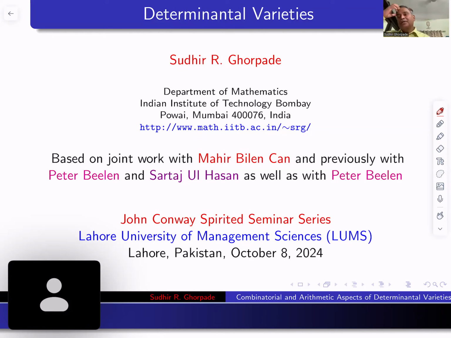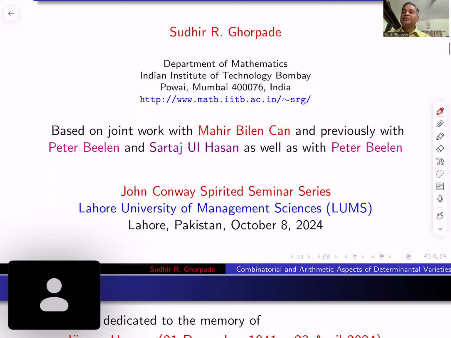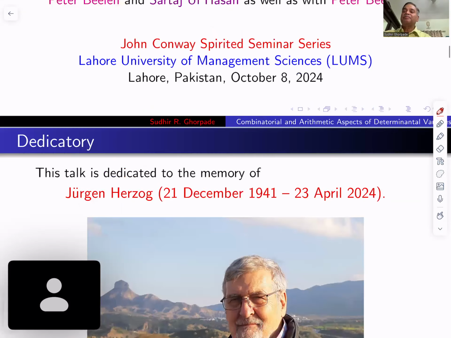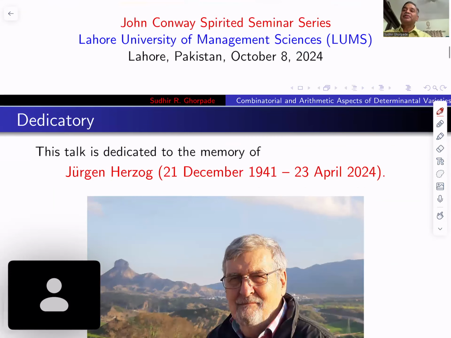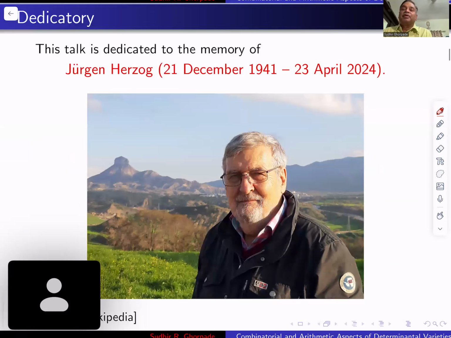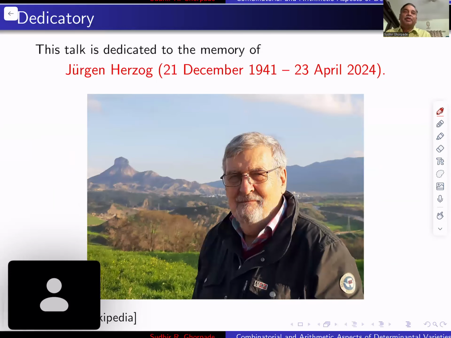I want to start more or less from scratch. Also, I want to dedicate this talk to the memory of somebody who is a friend to many of us, I believe, Professor Jürgen Herzog, who did a lot for mathematics, and in particular also organized schools in Pakistan. I think I was invited to some of them, but I couldn't go.